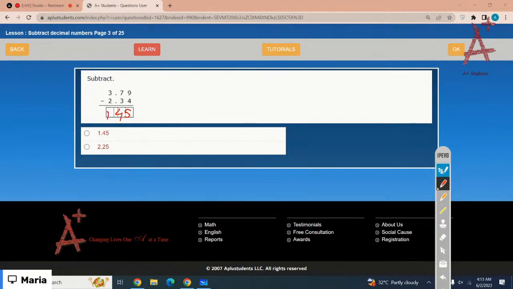That would be 1. So the correct option is 1.45.